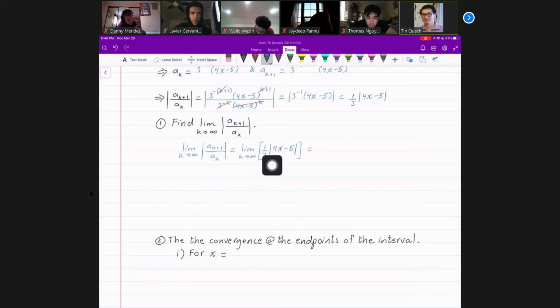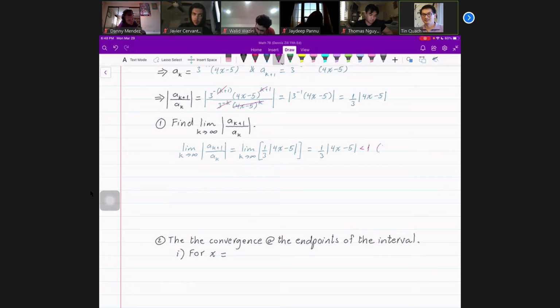Since this expression has nothing to do with k, it doesn't matter how k behaves. This is always that itself, right? So the limit of that is just that. And we want this limit to be less than 1 because we want the series to be convergent.